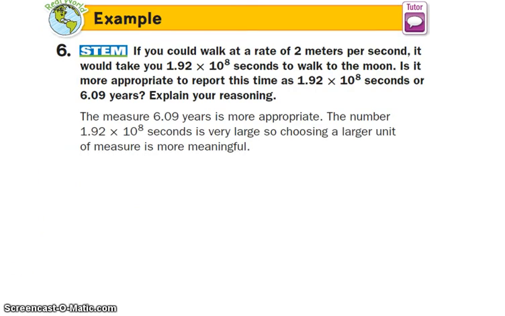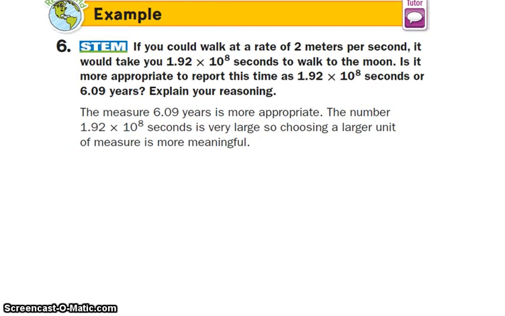Okay, last problem here. If you could walk at a rate of 2 meters per second, it would take you 1.92 times 10 to the 8th seconds to walk to the moon. Is it more appropriate to report this time as 1.92 times 10 to the 8th seconds or 6.09 years? Explain your reasoning.